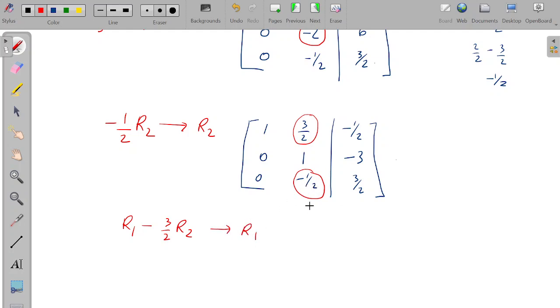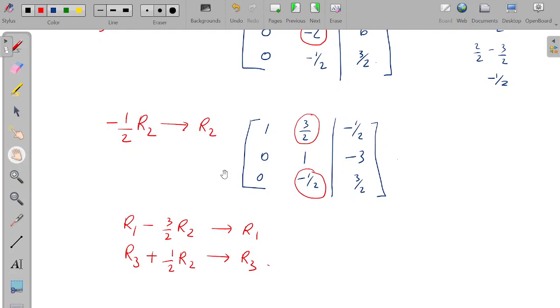In order to change this to 0, this is a negative already, so I will say row 3 plus 1 over 2 row 2, and then I am giving it to row 3.